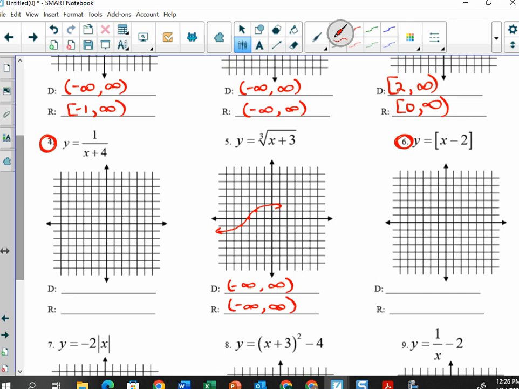Oh my gosh. You can do 6. Do you know what 1 over x looks like? Okay, where is it shifted? Are you okay, Manny?